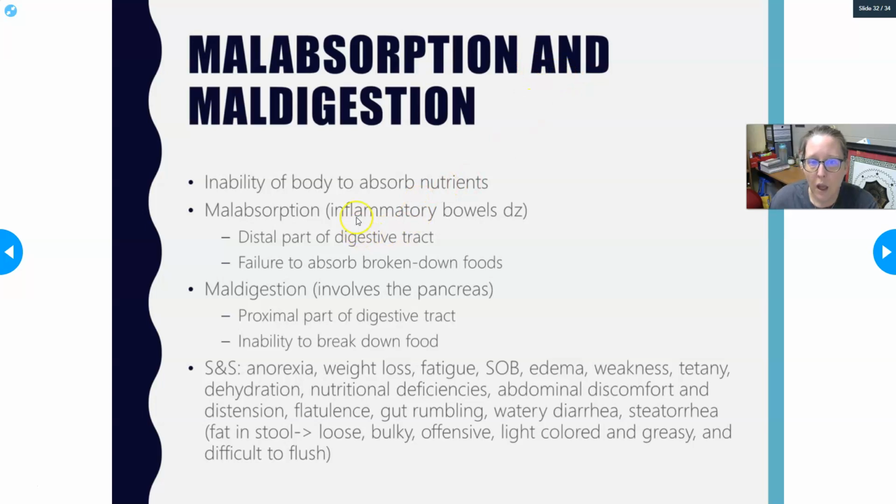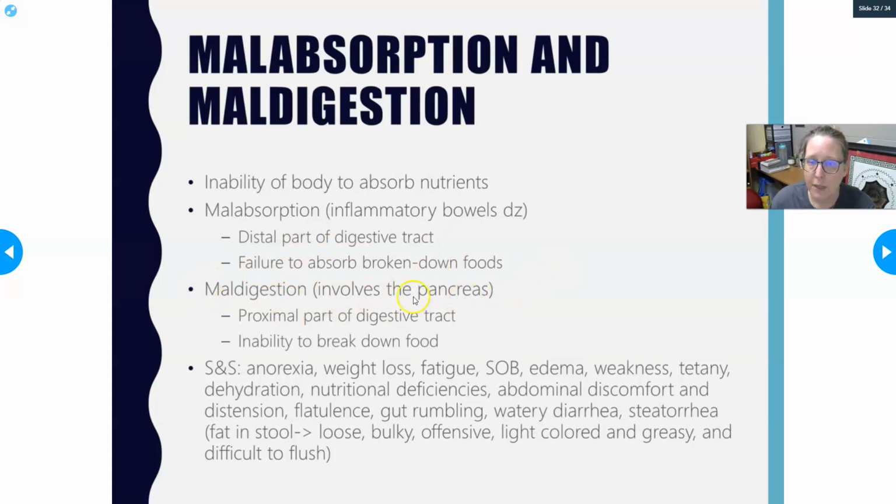So this is all related to the inability of the body to absorb nutrients. So malabsorption is usually due to inflammatory bowel diseases. So this is the food is being properly broken down by the enzymes, but it's not being absorbed. It's not crossing over into the bloodstream. And so it usually happens in the distal part of the digestive tract, and there's a failure to absorb the foods that have been properly broken down.